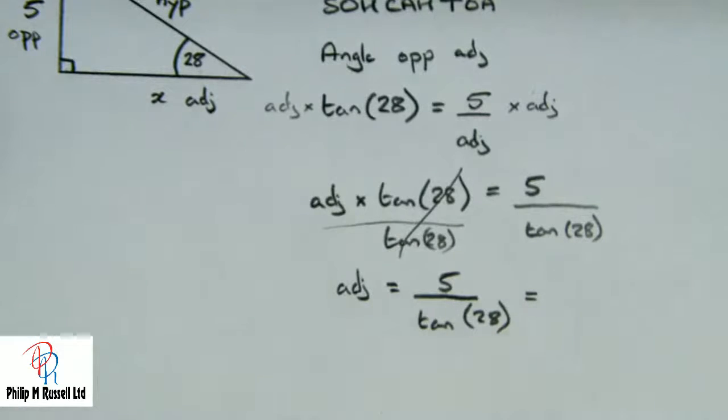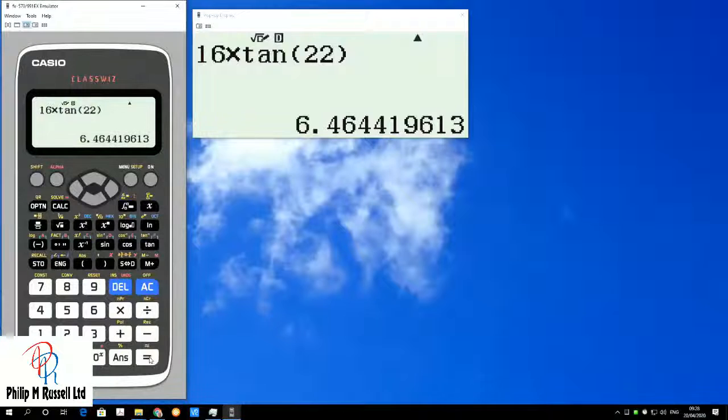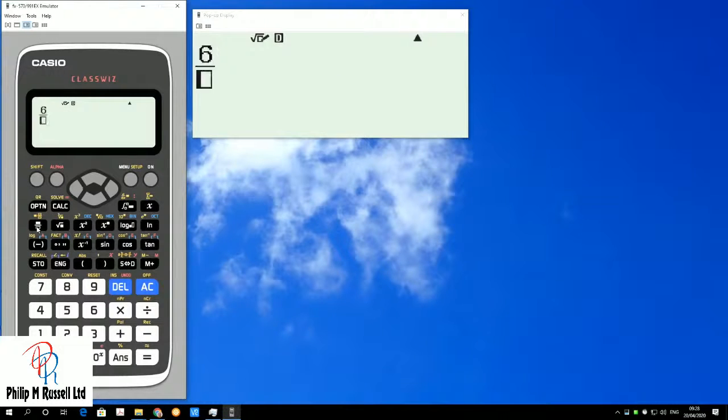Go to our calculator and let's put in our sum. So we've got simply 5, and I'm going to divide by the tan of 28.